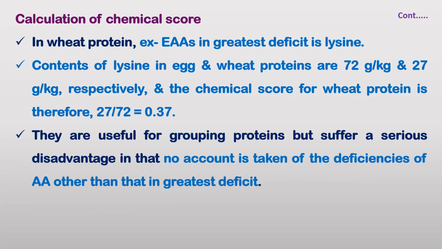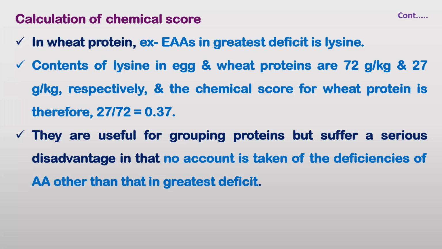And how we can calculate the chemical score, here you can see an example of calculating the chemical score in wheat protein. In wheat protein, the essential amino acid with the greatest deficit is lysine. So wheat protein is deficit in lysine, which is an essential amino acid. The content of lysine in egg and wheat protein is 72 gram per kg and 27 gram per kg: in case of wheat protein, 27 gram per kg; in case of egg, 72 gram per kg.